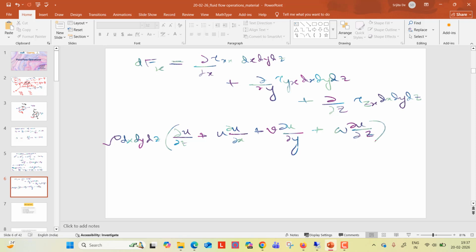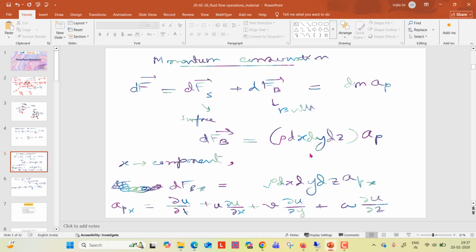This is the total force term, the df basically.